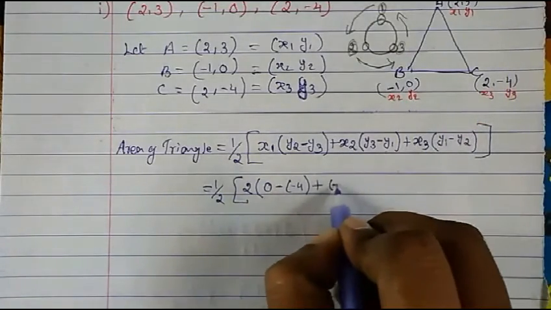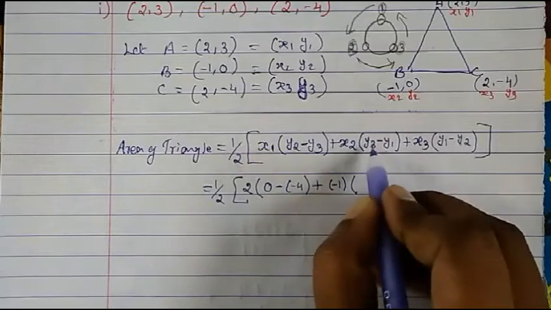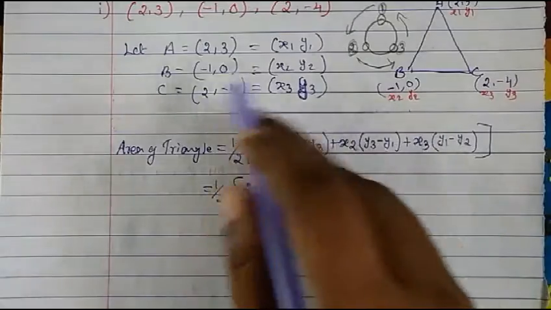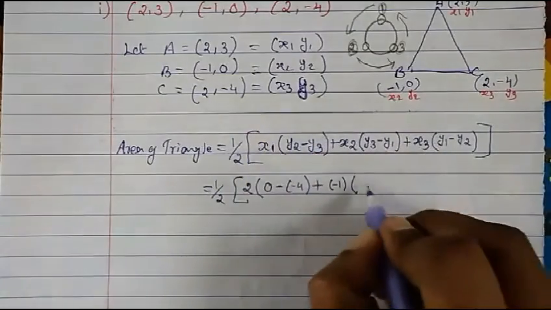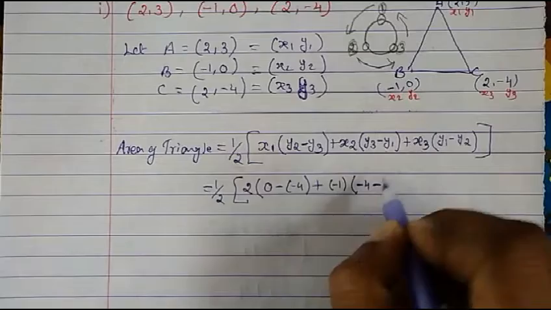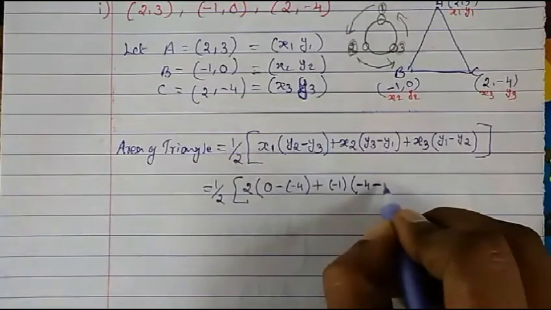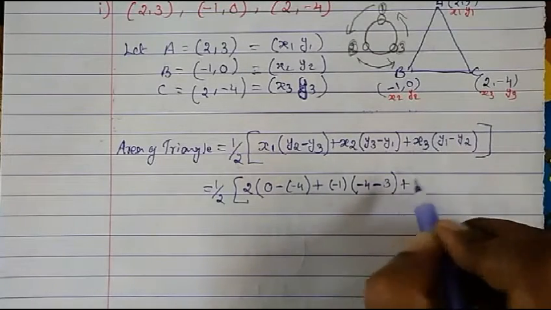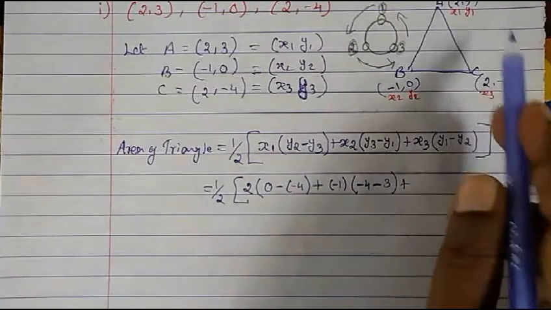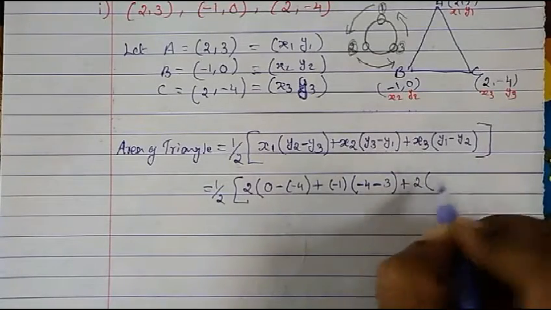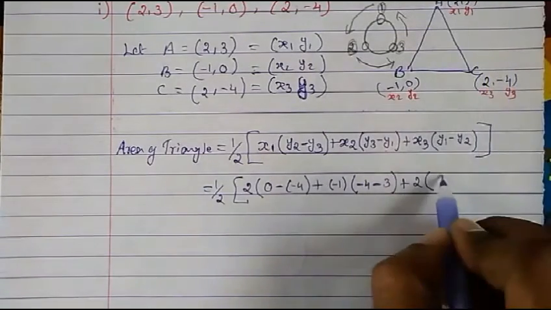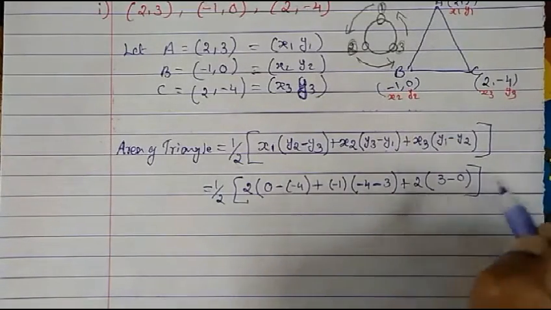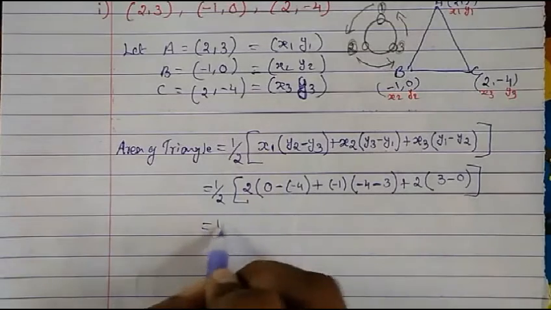Plus x2, which is minus 1, inside the bracket y3 minus y1. y3 is minus 4 minus y1 which is 3. Next plus x3, which is 2, y1 is 3 minus y2 which is 0.